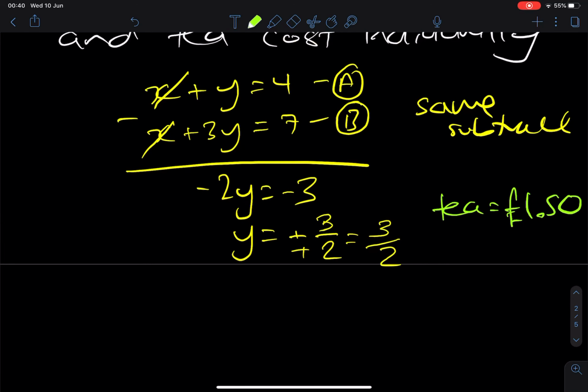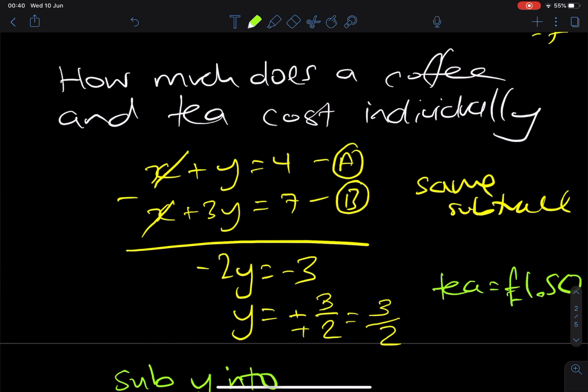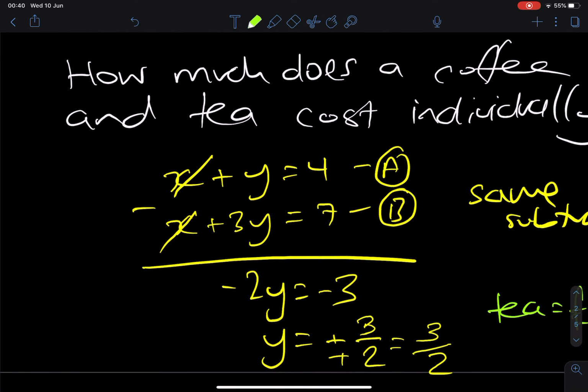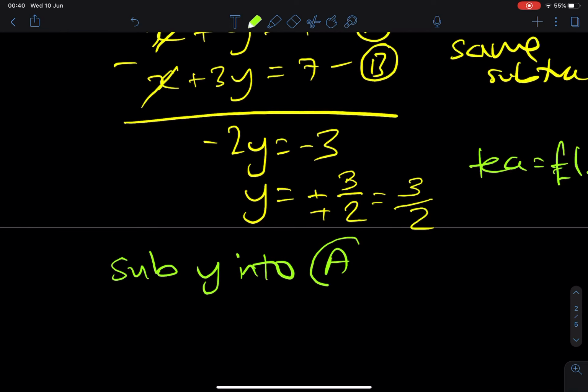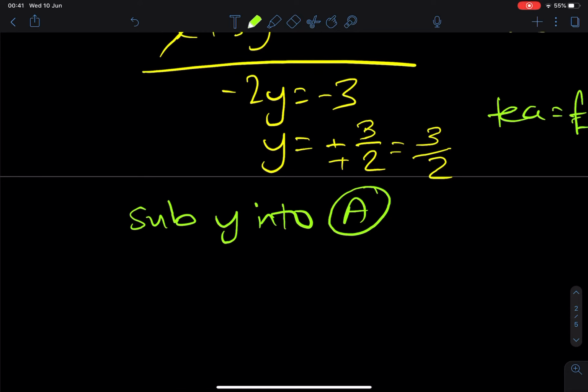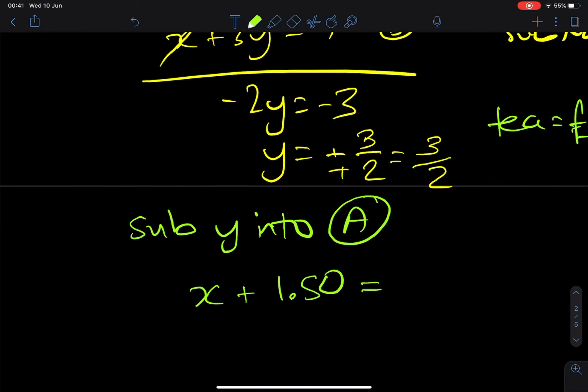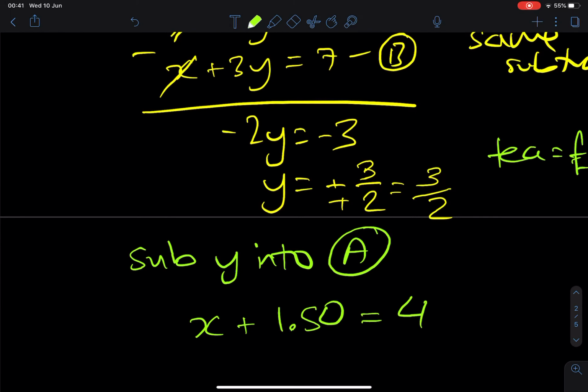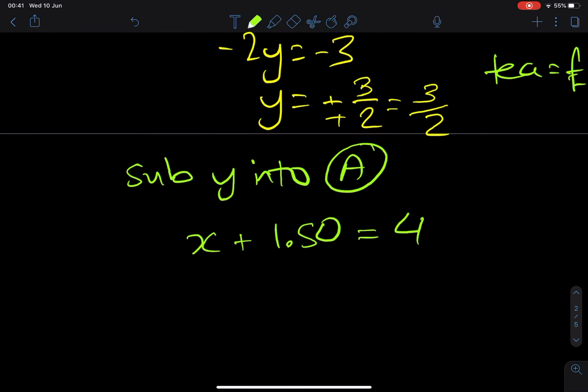Now, I still need to work out what a coffee is. So I'm going to sub y into the easier of the two equations, which is obviously A. So x plus y is equal to 4. I know what y is. X plus 3 over 2, which is £1.50, equals £4. So therefore x must be equal to 4 take away £1.50, which is £2.50.